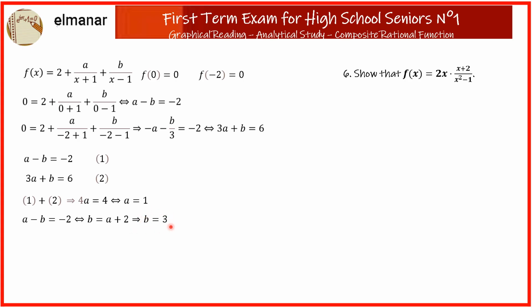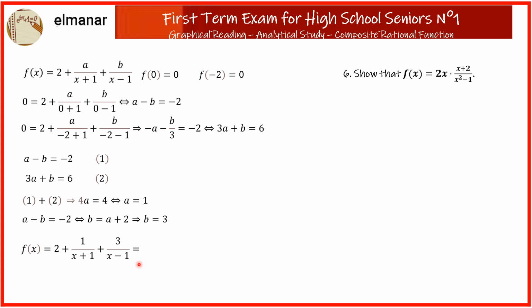That gives us the result that b equals 3. Step 2. Simplifying the function. We begin by replacing the values of a and b into the original expression of the function. The new form becomes the function f is equal to 2 plus 1 divided by x increased by 1 plus 3 divided by x decreased by 1.